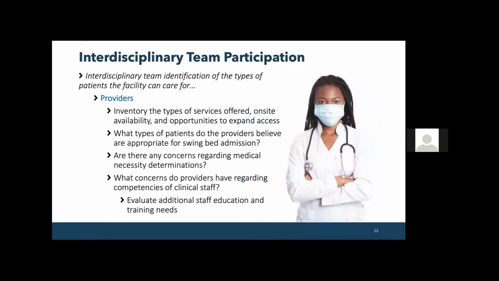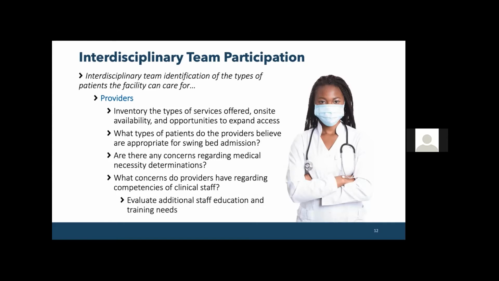And then providers. Again, the role of a provider in this is really around having the opportunity to look at what are the services offered, is there on-site availability, opportunities to expand access. Ask the providers and check the pulse on what types of patients they believe are appropriate for swing bed admission.